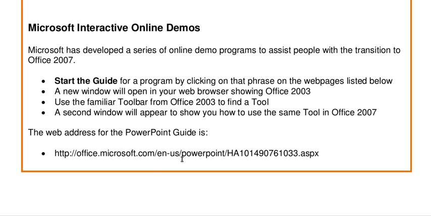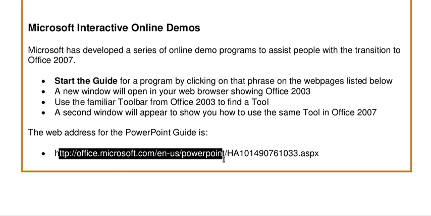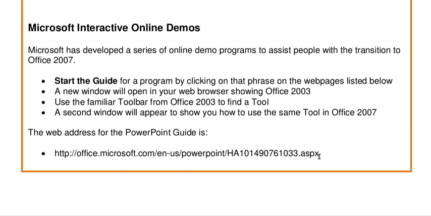Instead of writing the entire line, you can simply write office.microsoft.com/PowerPoint. If you want to check about Word, you can do the same thing, and if you want to check about Excel, you can do the same thing as well. Just type office.microsoft.com/PowerPoint. No need to write the entire link.